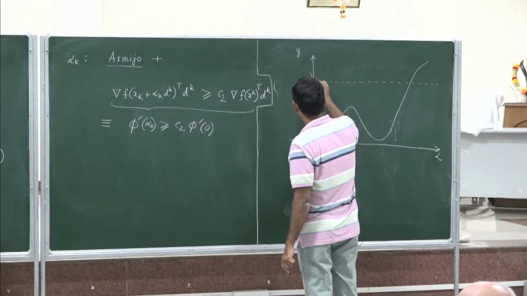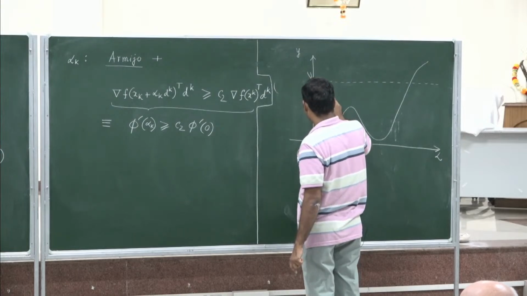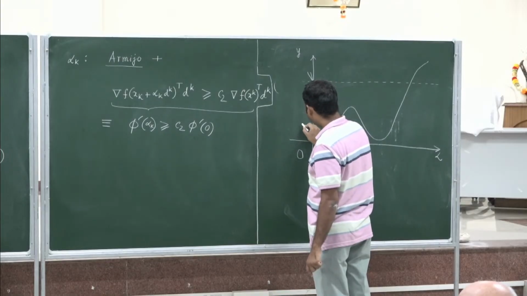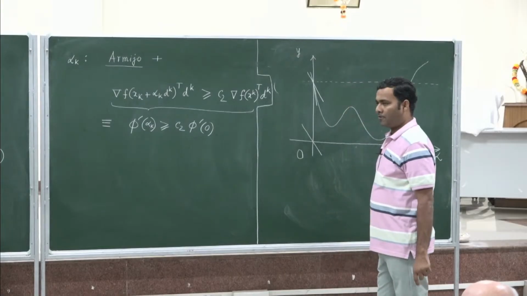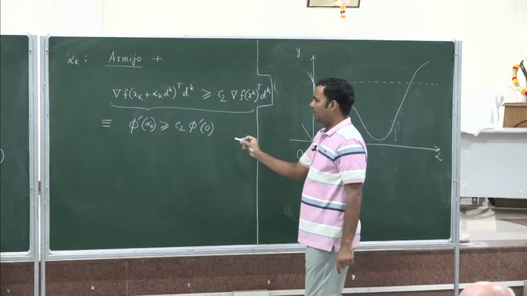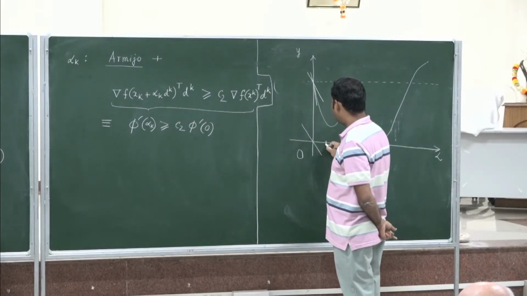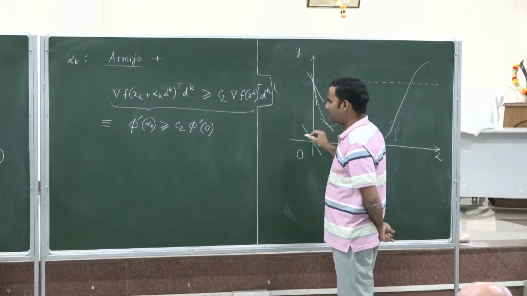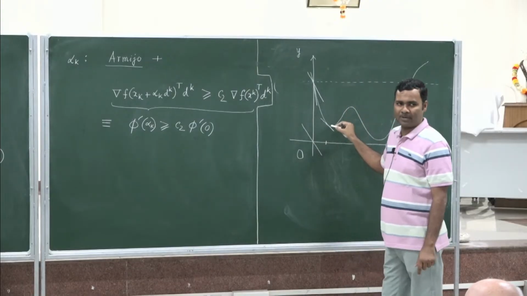Here is our phi dash 0, then C2 times phi dash 0 is, let's suppose, this much slope, and parallel to it is this slope. Now choose alpha k such that phi dash alpha k, at whatever alpha we choose, we figure out the slope, and if that slope is bigger than this particular slope, then that is an acceptable alpha, right?